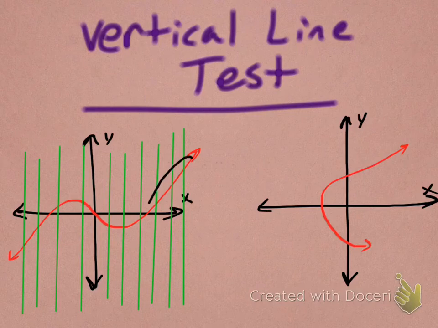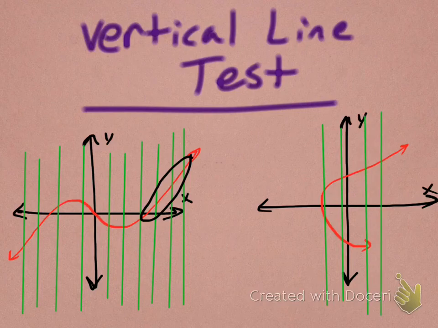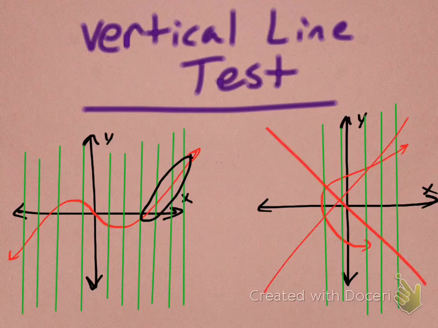See, all these points right here only cross it one time. Now let's do it over on the second one. Crosses it one time. Oh, crosses it twice right there, twice right there, twice right there, and so forth. So this is not a function because it fails the vertical line test.